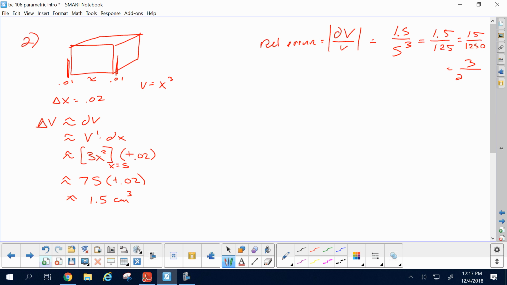So it's maybe something like 12 over 1,000, so 0.012, which as a percent then would be 1.2%. All right, 2, check.